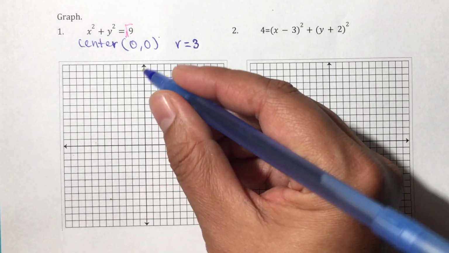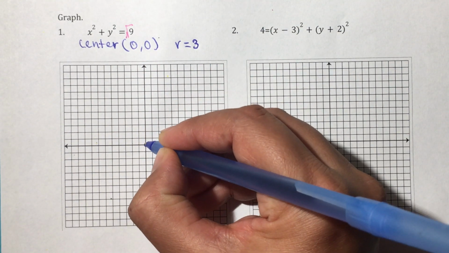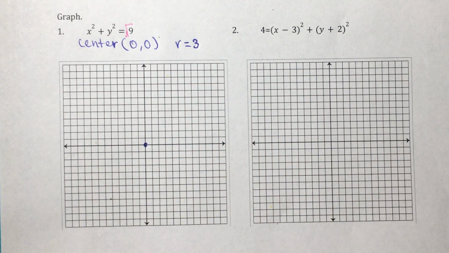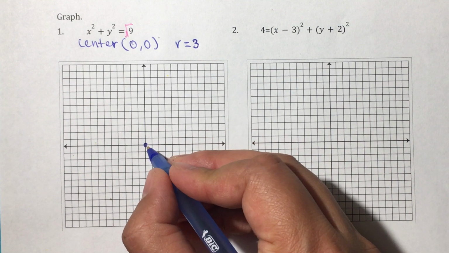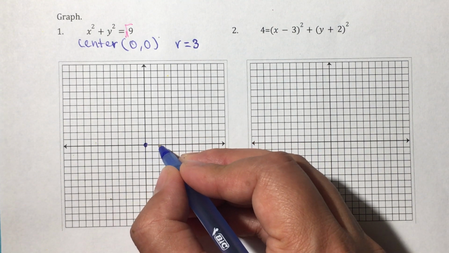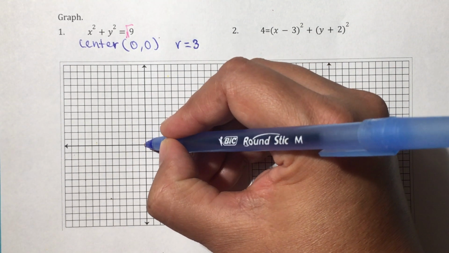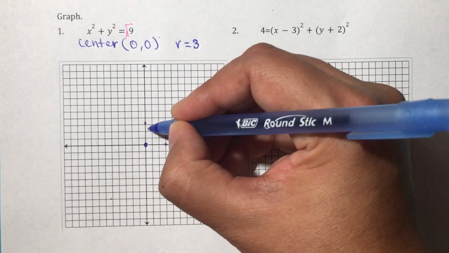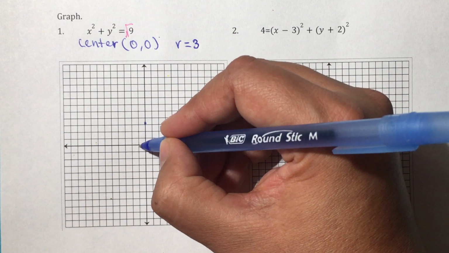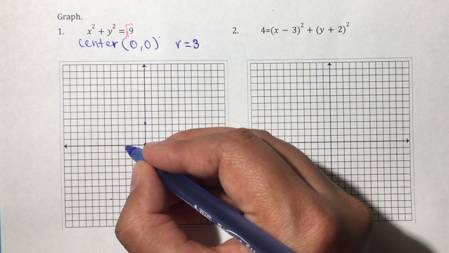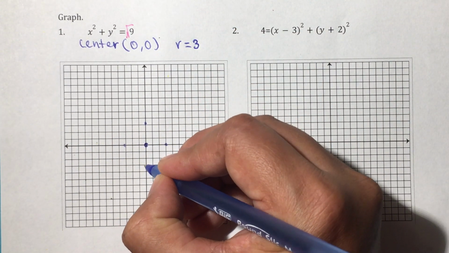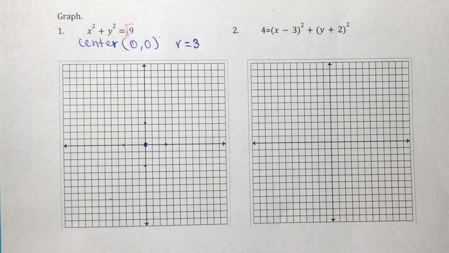Okay, so in here the center is at 0, 0. Then the radius is 3 spaces, so you can just count 1, 2, 3. You can count it once and that's it. Or if you want, you can do several just to make sure. You can go to the right, up, to the left, down to make it more accurate.